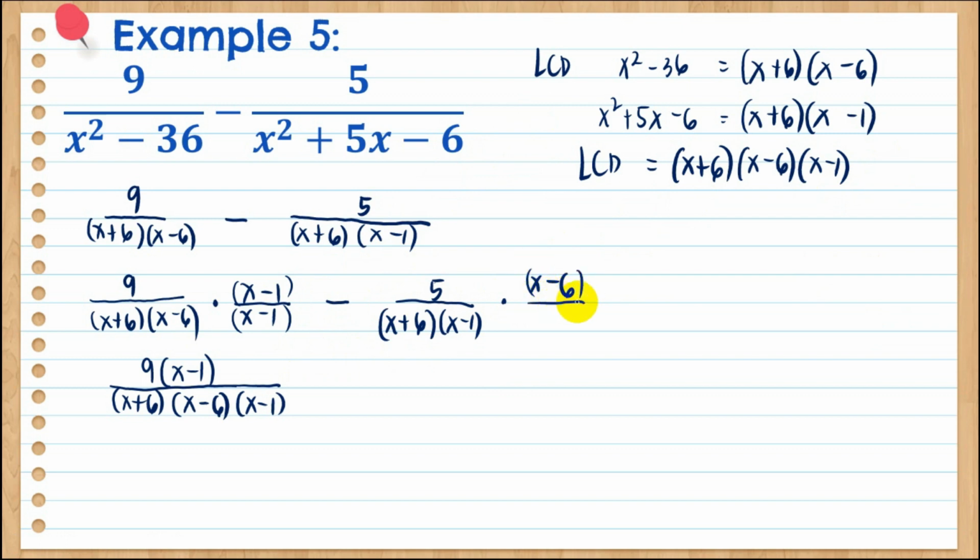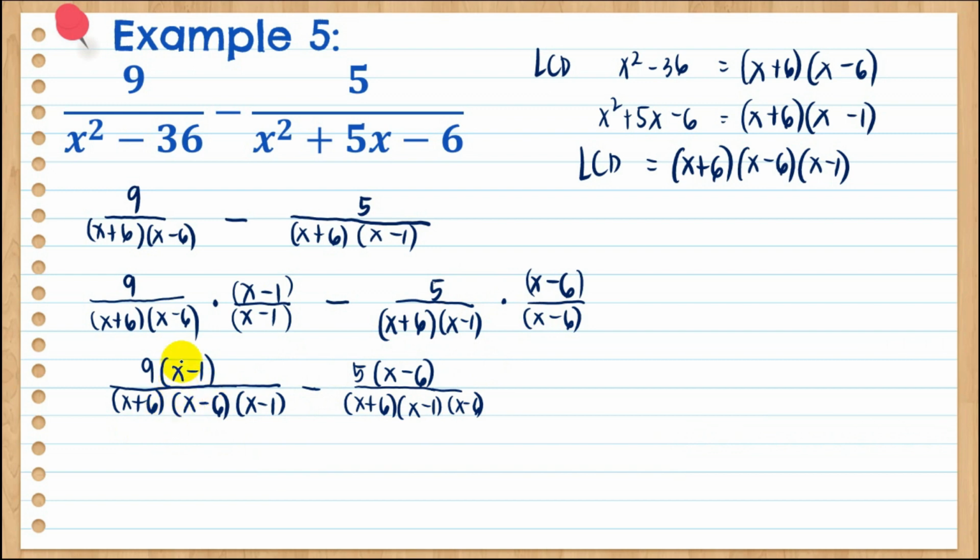So, yan yung imumultiply natin sa numerator and denominator para maging similar RAE na po ang ating given. So, 5 times the quantity of x minus 6 all over quantity of x plus 6 times the quantity of x minus 1 times the quantity of x minus 6. So, kung mapapansin nyo, pareho na yung ating denominators.